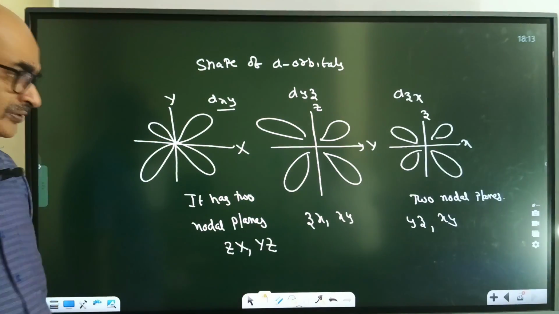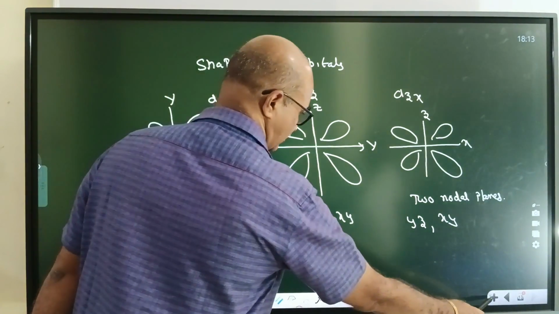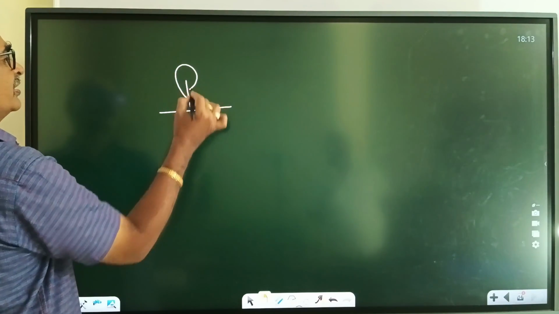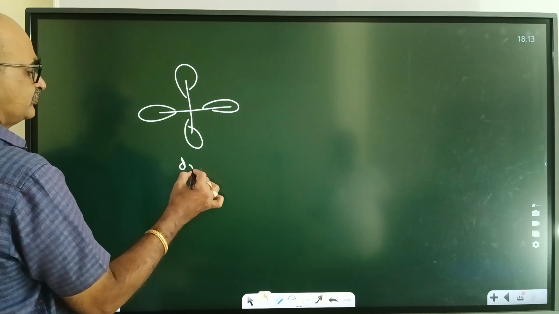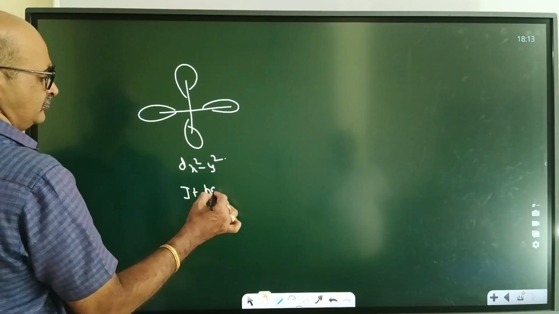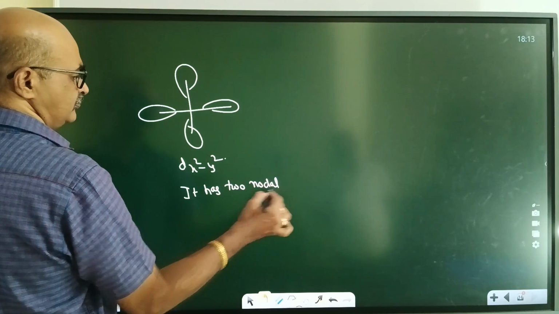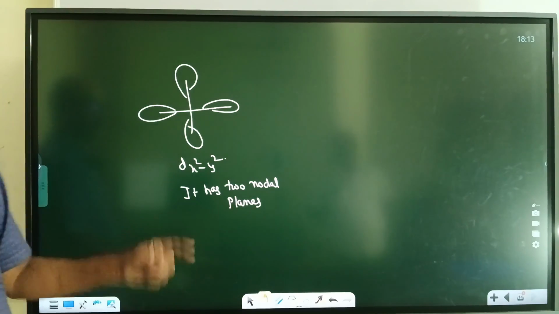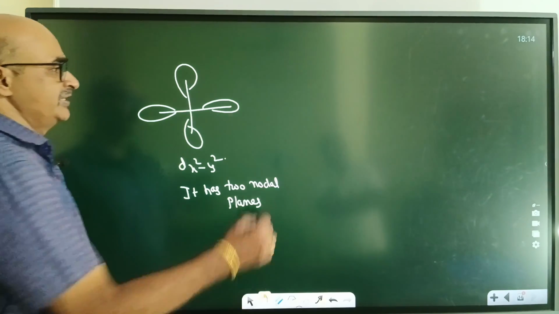Okay, last two, dx square minus y square. Okay, it has two nodal planes. In dx square minus y square, lobes are concentrated along the axes. Okay, last one, dz square.